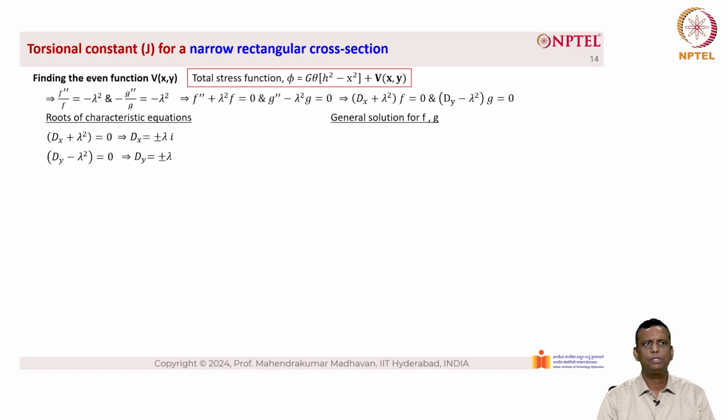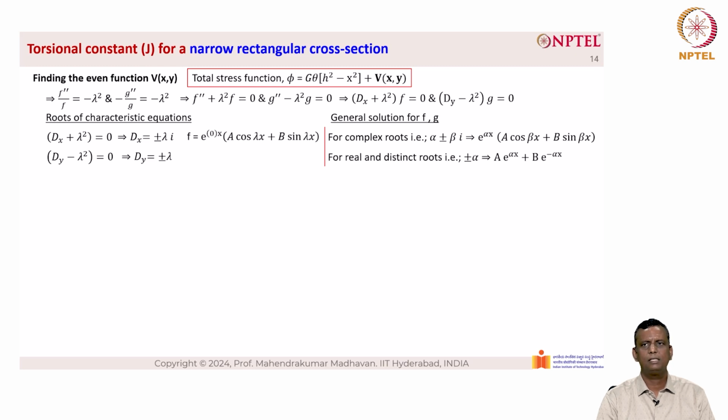For the general solution for f comma g, for complex roots, that is alpha plus or minus beta i, we have e power alpha x into a cos beta x plus b sin beta x, which means that f equal to e power 0x into a cos lambda x plus b sin lambda x. For real and distinct roots, that is plus or minus alpha, we have a into e power alpha x plus b into e power minus alpha x. So g becomes c into e power lambda y plus d into e power minus lambda y.